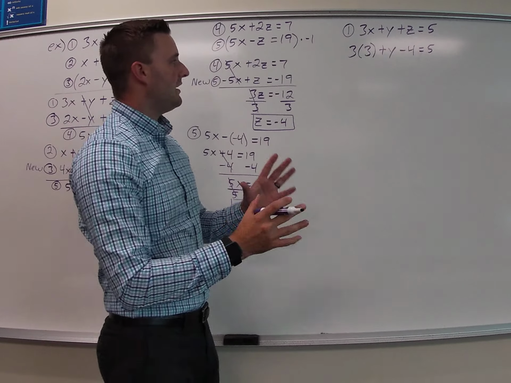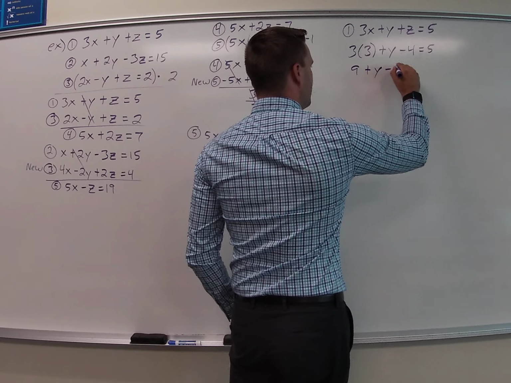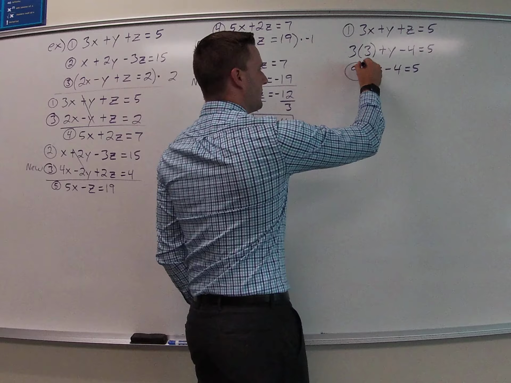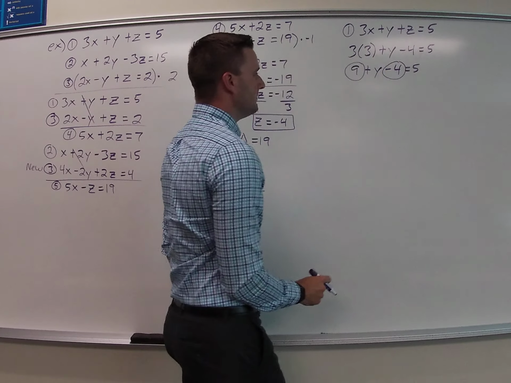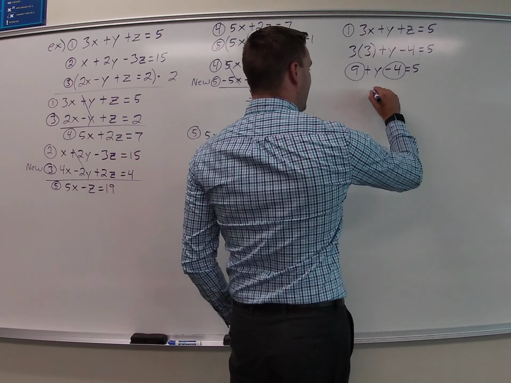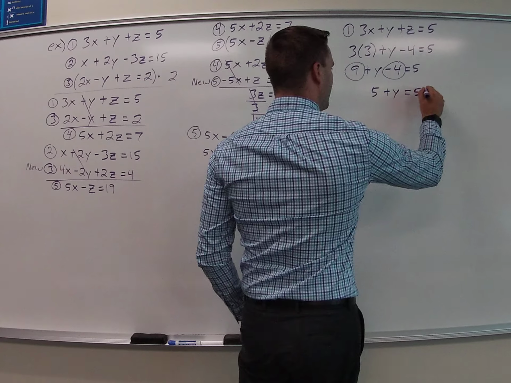Let's distribute or combine any like terms that we have. 3 times 3 is 9, so we get 9 plus y minus 4 equals 5. We have like terms here. We have a positive 9 and a -4. When I combine a positive 9 and a -4 together, I get a positive 5. So I get 5 plus the y left over equals 5.